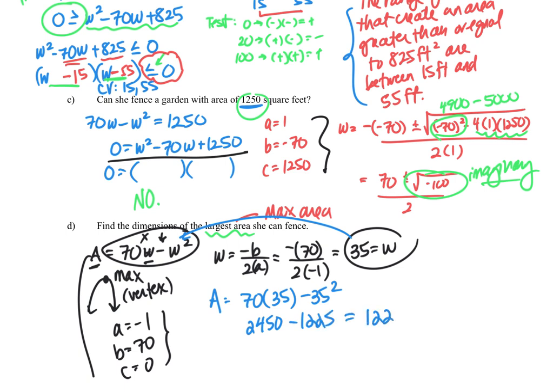That gives me 1225 feet squared as my max area. And again, I'm finding that by finding the vertex. That vertex would occur at 35 feet wide, comma, 1225 feet squared. All right? Hopefully that makes sense.